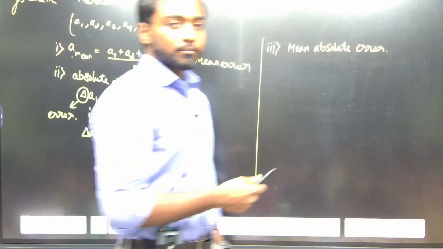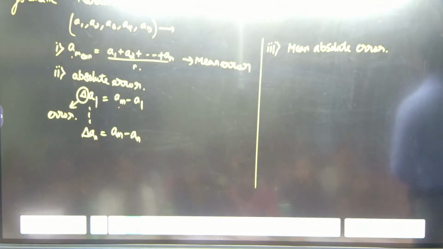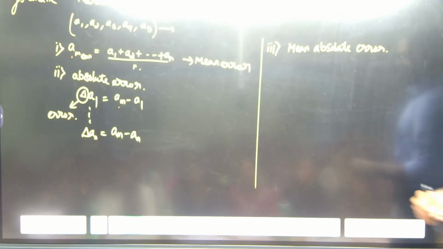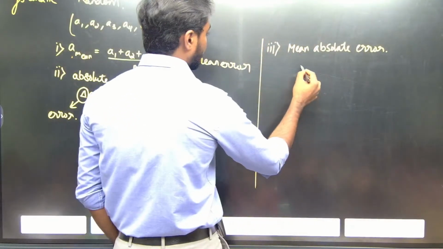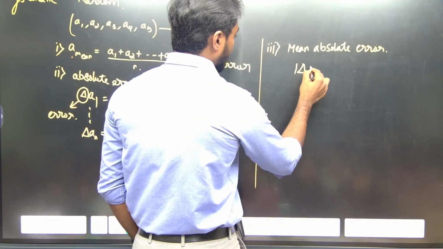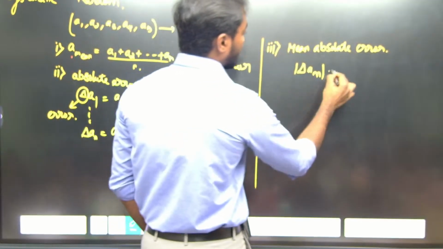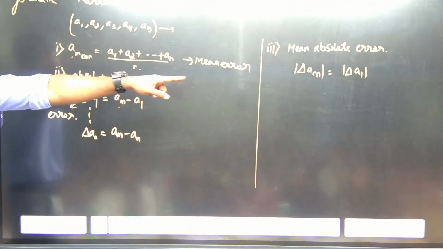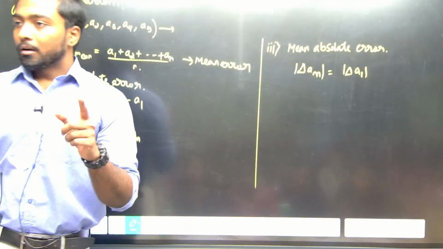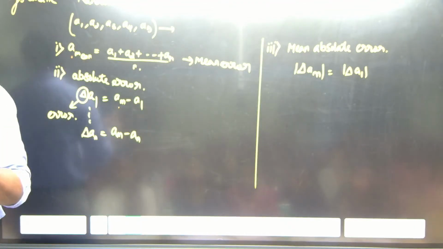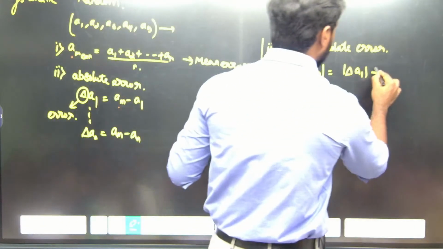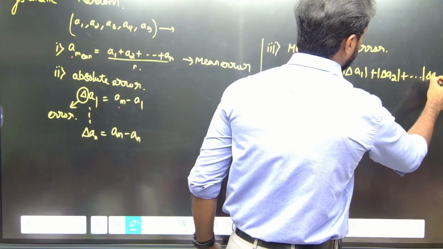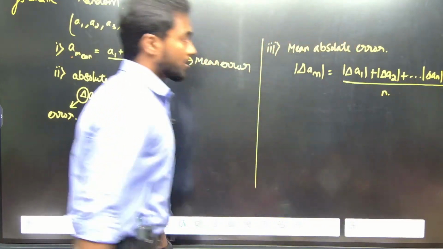In some places we use it for change, the difference, but here we use delta as error. The mean absolute error, delta A mean, equals the modulus of delta A1, everything in modulus. Modulus means it can be plus or minus, but the result is always plus. Plus modulus delta A2 up to delta AN, divided by n. So this is the mean absolute error.